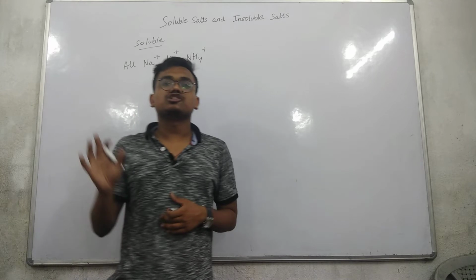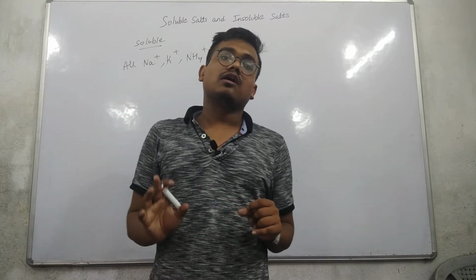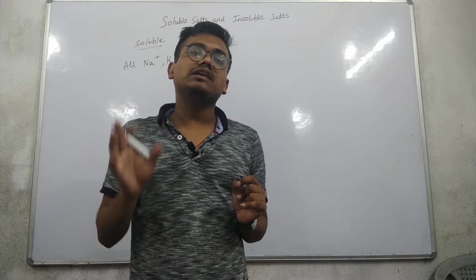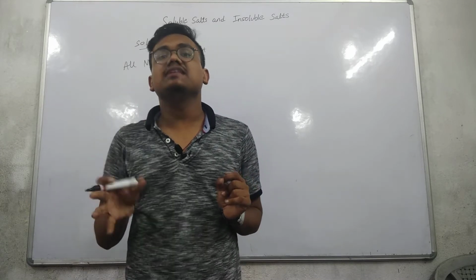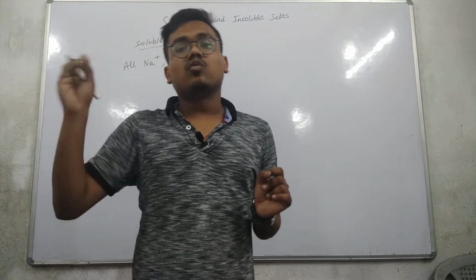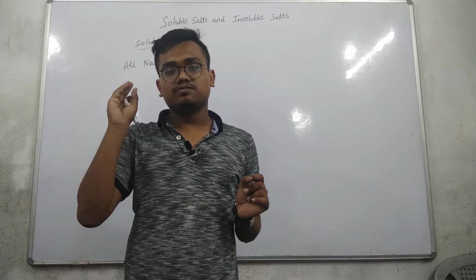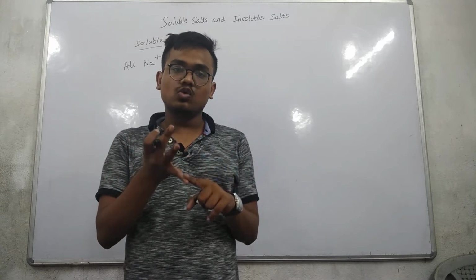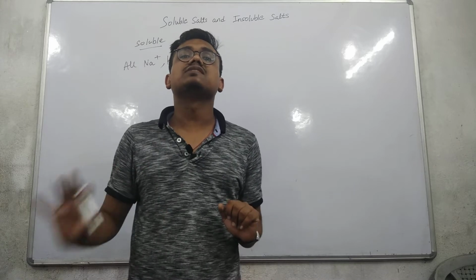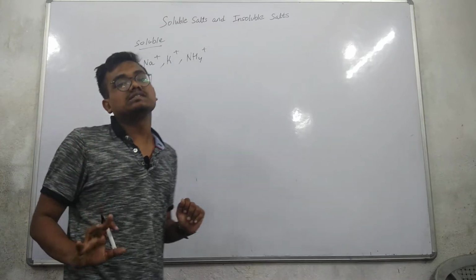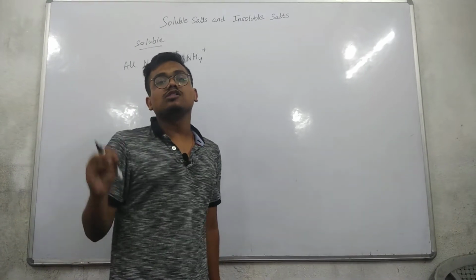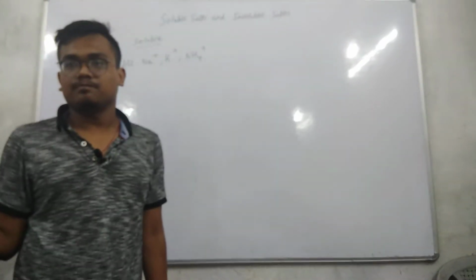All sodium, potassium and ammonium salts are soluble. If these three are the positive ions present in any salt, whether it's sodium chloride, ammonium chloride, whatever the salt, it will be soluble irrespective of the negative ion. The negative ion is not concerned.